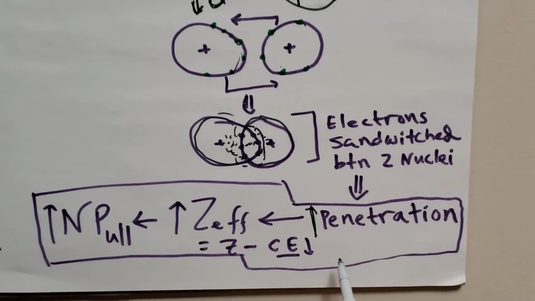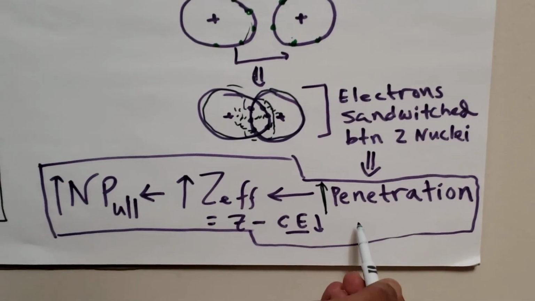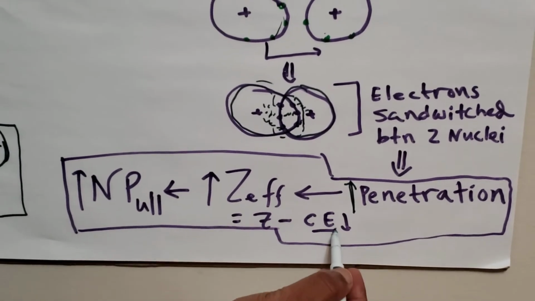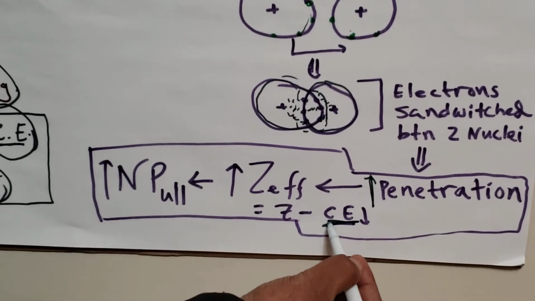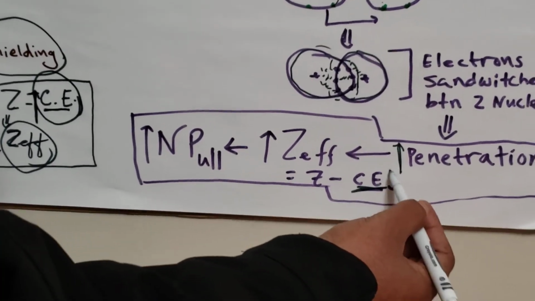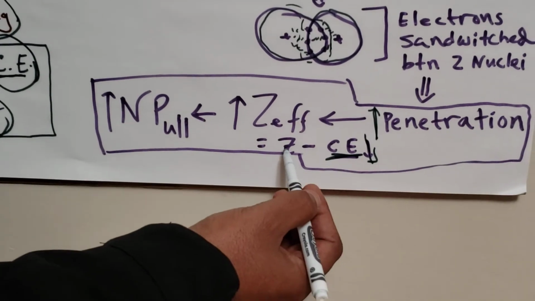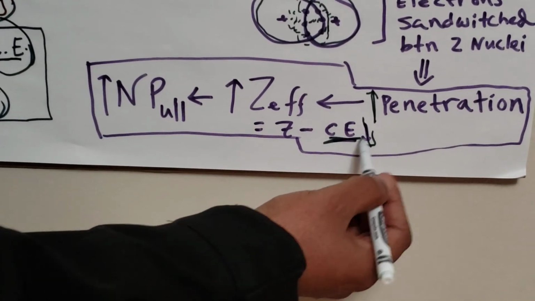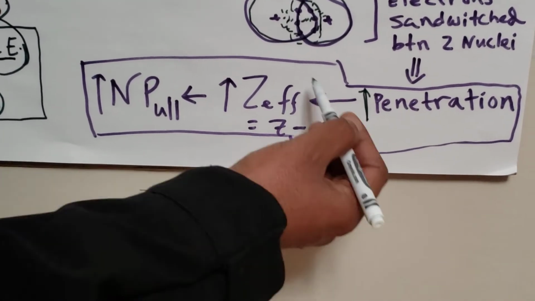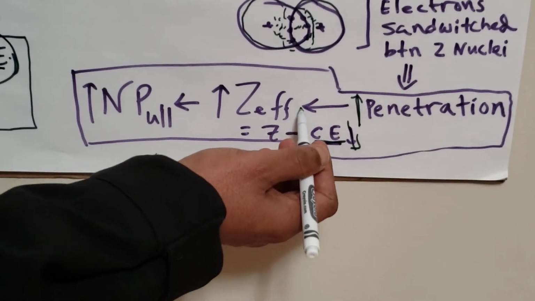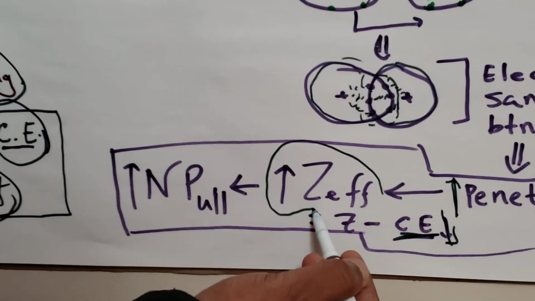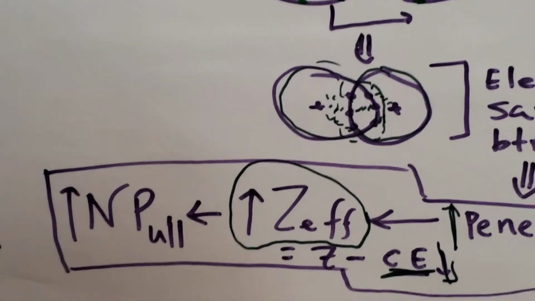If you have more penetration, what is going to happen? The number of core shell electrons will go down. When the value of core shell electrons goes down, we know Z minus core shell electrons is Zeff, effective nuclear charge, so the value of Zeff will go up.